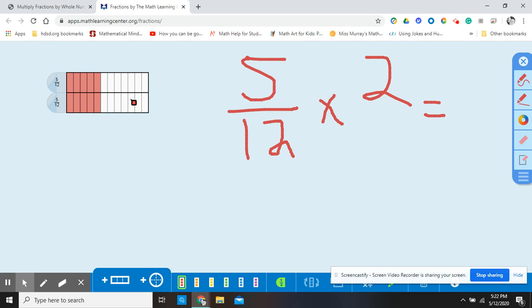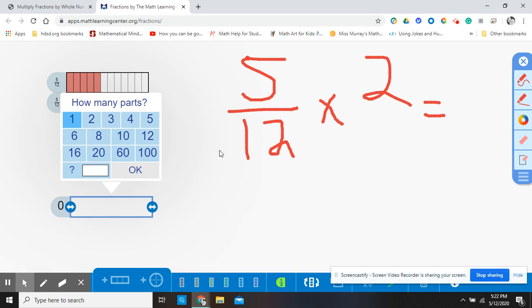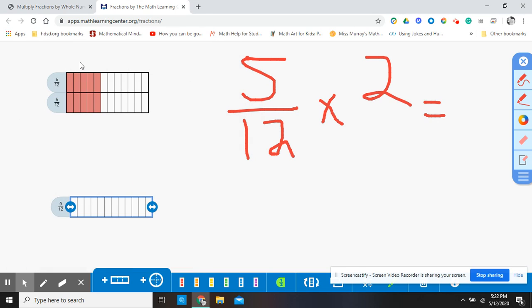Now, if we did this total, what would our total amount be in these two fraction bars? What is our total that is shaded? Our total that is shaded is 10. So our final answer here is going to be a total of 10/12.